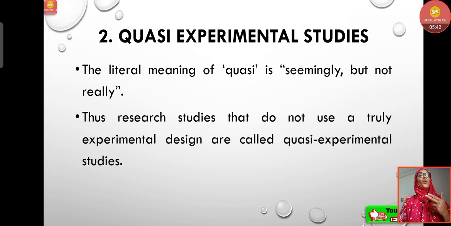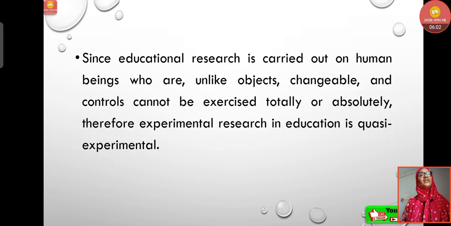Now, second one, quasi-experimental studies. The literal meaning of quasi is seemingly but not really. Thus, research studies that do not use a truly experimental design are called quasi-experimental studies. That means they are seemingly experimental but not in reality.